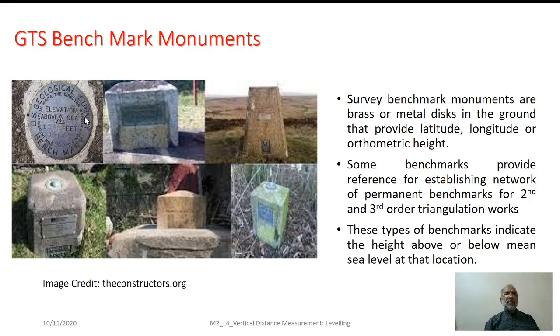Here, as you see, the elevation above sea level is provided. So these GTS benchmarks provide reference for establishing the network of permanent benchmarks for the second as well as the third order of the triangulation networks. This kind of benchmark indicates the height, the way I mentioned earlier.